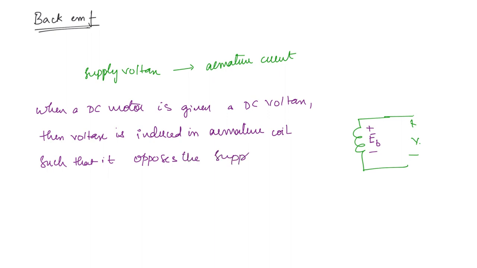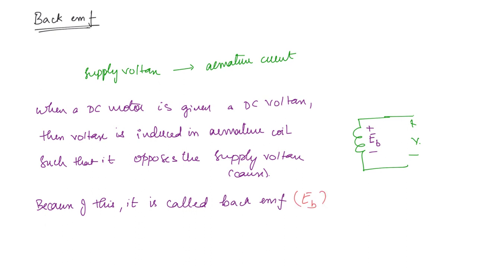The supply voltage is nothing but the cause. Because of this it is called back EMF. And what do we denote it as? EB. Here also you can write EB.